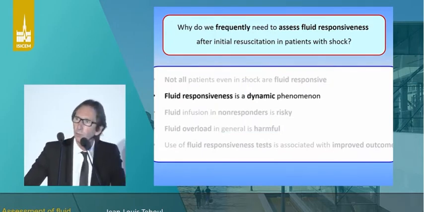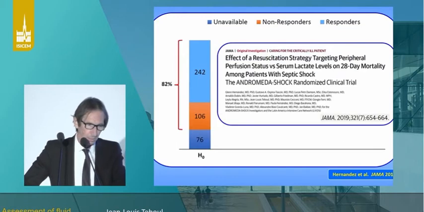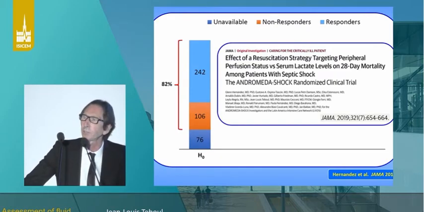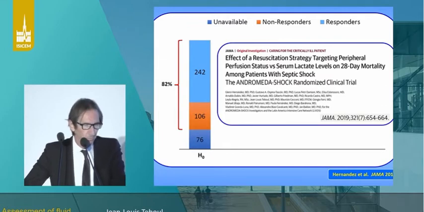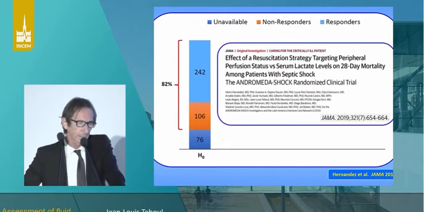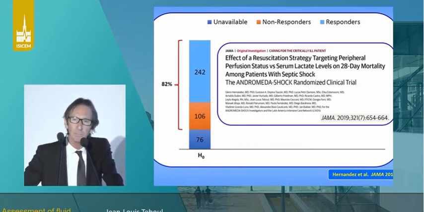The second reason is that fluid responsiveness is a dynamic phenomenon. And Jacques Retter already showed the Andromeda shock study by Glenn Hernandez and others. What is interesting in this study is that the assessment of fluid responsiveness was made in 82% of patients.